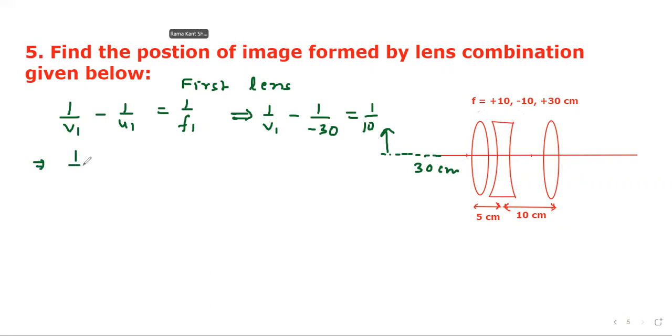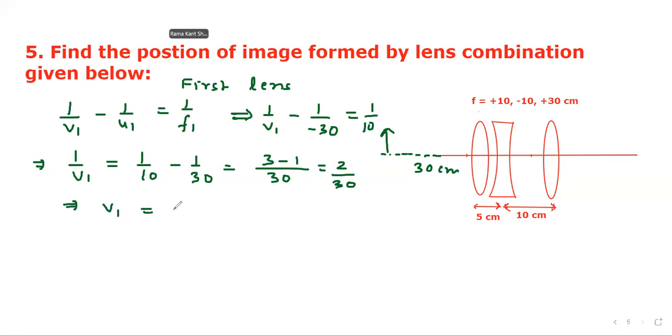So 1 upon V1 equal to 1 upon 10 minus 1 upon 30. LCM will be 30: 3 minus 1, so this will be 2 by 30, from where we get V1 equal to 15 centimeters.